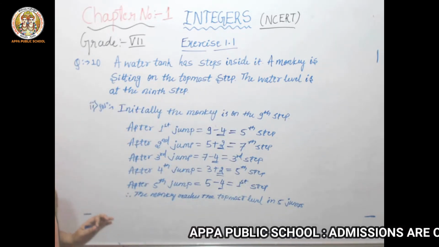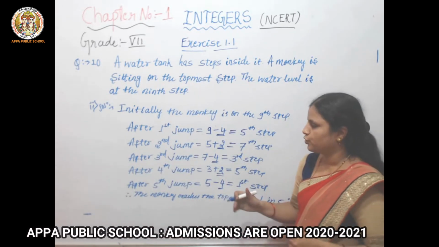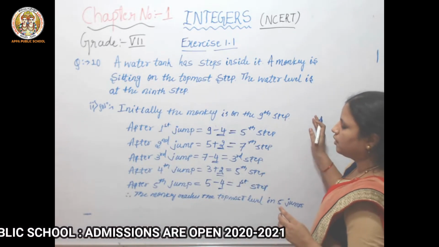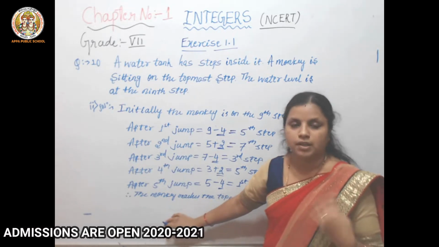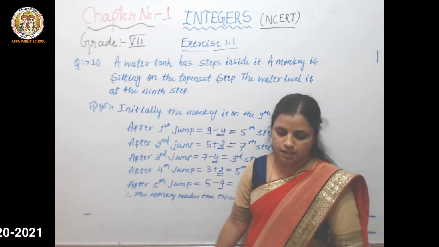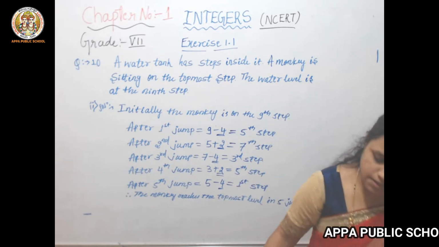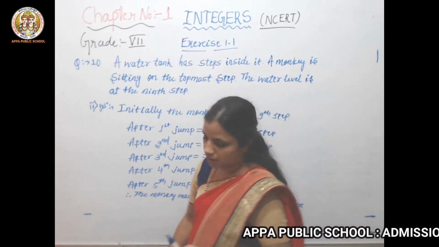So step up as negative, step down as positive. With that we calculated after how many jumps the monkey reaches the topmost level. This is regarding the second sub question. And one more, here we have the third sub question.